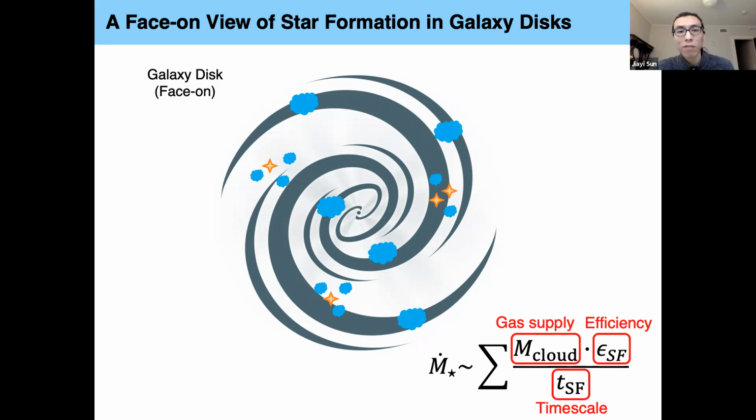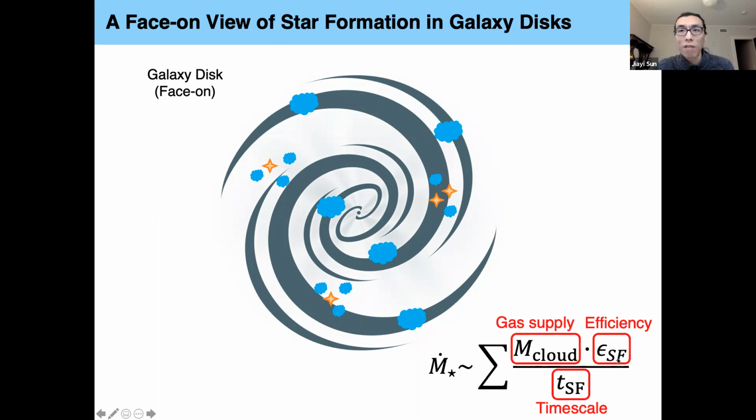To get the total star formation rate of a galaxy, we just need to do a census of them. So we would sum over all the molecular clouds in this galaxy. For each cloud, we measure the mass, which tells us the total gas supply. We measure a characteristic timescale for star formation, and typically people use the free fall time of the molecular cloud as a timescale indicator.